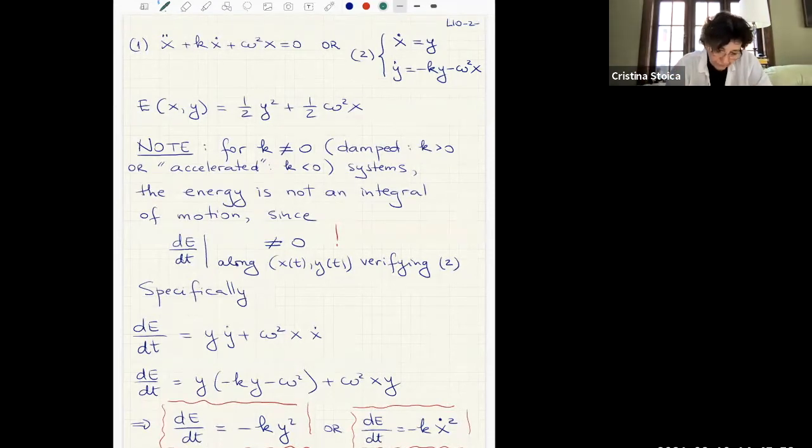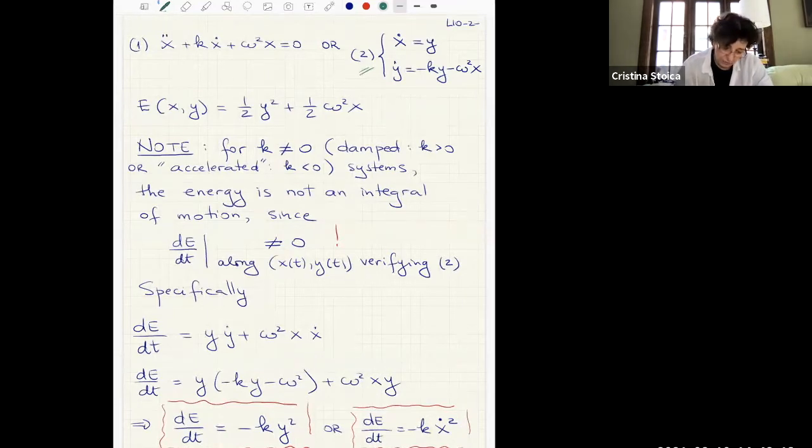So this appears mathematically, expressed in the fact that the T, if we calculate it along any solution verifying this system 2, as I wrote it here, in this case, it won't be 0.